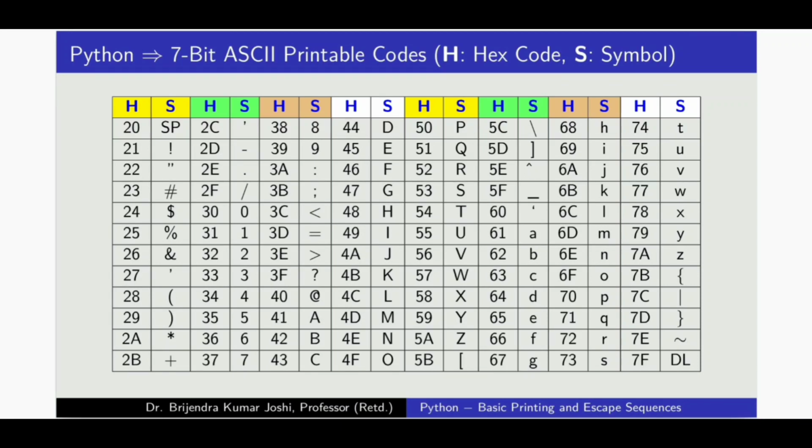So the digit 0, its ASCII code is 30 hexadecimal. Similarly, 41 hexadecimal, that is 65 decimal, is for capital A, 42 is for capital B. So these are all ASCII codes. Instead of using these symbols, if you want to print \, you can print using hexadecimal code 5C.